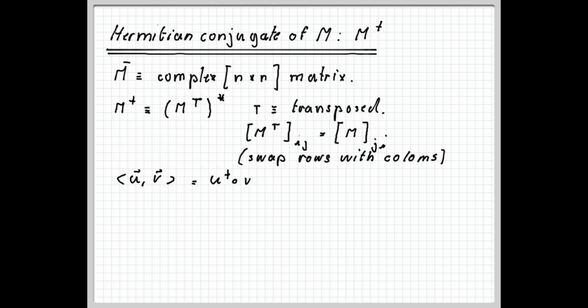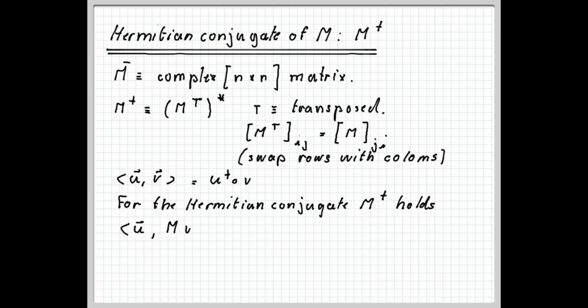Now we're going to let go of a specific representation of the basis vectors. Now we define the Hermitian conjugate by the following identity. So what needs to happen is that we have to take the dagger of M dagger times u.